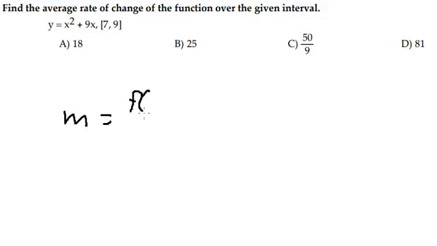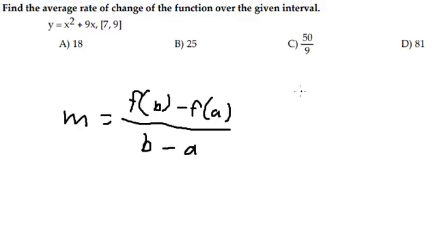That's about f of b minus f of a over b minus a on the interval from a to b. So we have the interval in here. So that's about number 7. This is about number 9.